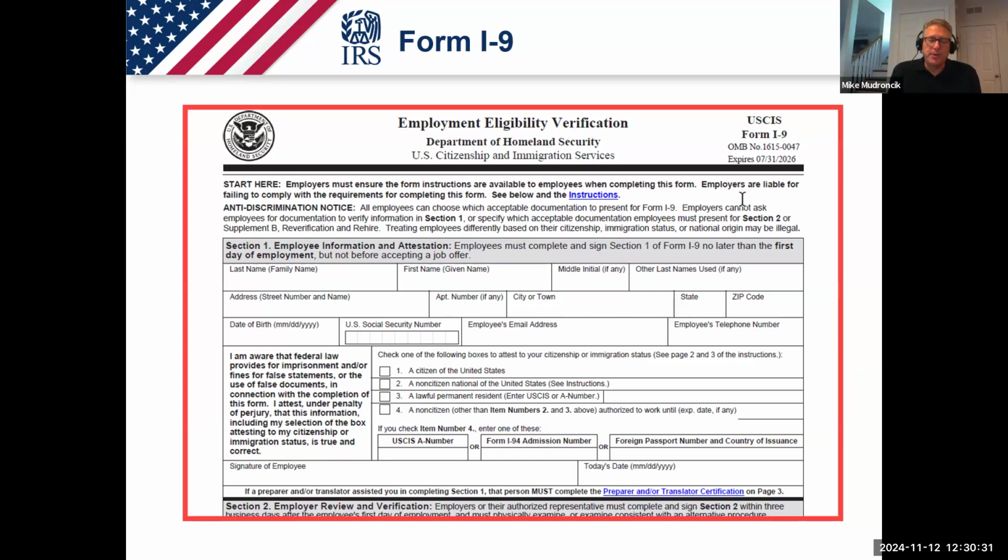And as was mentioned in the slides, there's a section for the employee to provide information and attest to the information. And as you can see, at the very bottom of the screen, Section 2, Employer Review and Verification. So just giving you a visual. Again, this is information available at the USCIS website.